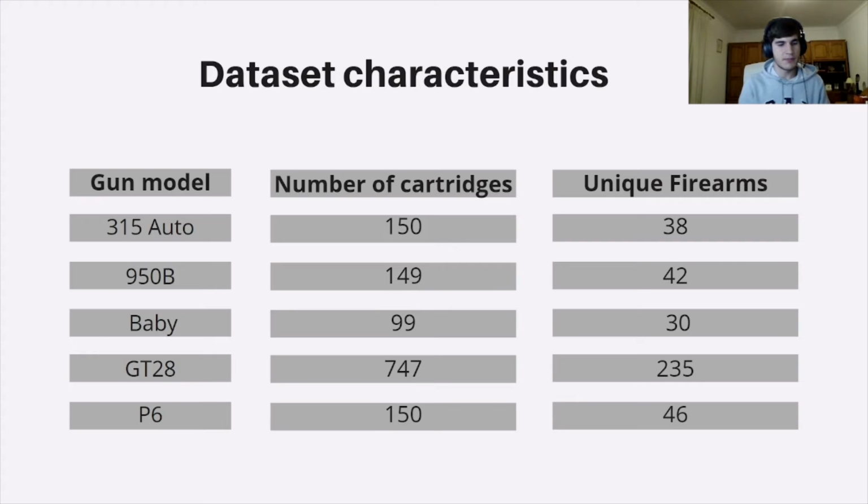And between these 3 sets, there cannot be repeated unique firearms, because if that were to happen, it's likely that the network would be learning the unique firearm characteristics instead of the gun model characteristics, and it wouldn't be able to generalize to other models.